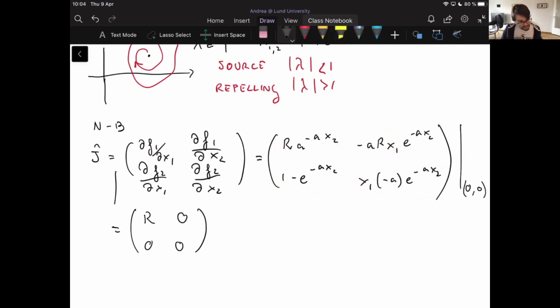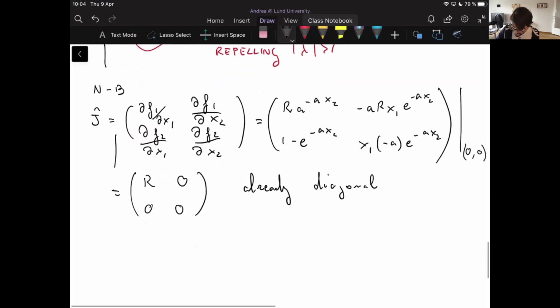And what this implies is that you have two directions. In this case, it's already diagonalized. So the eigenvalues and the eigenvectors are already diagonal.